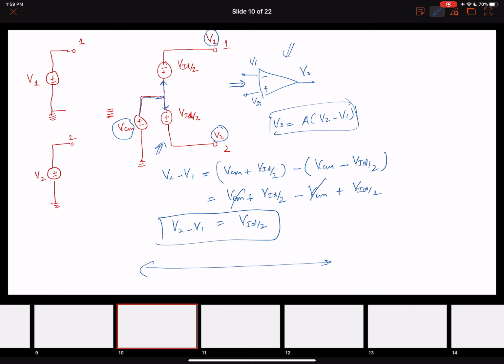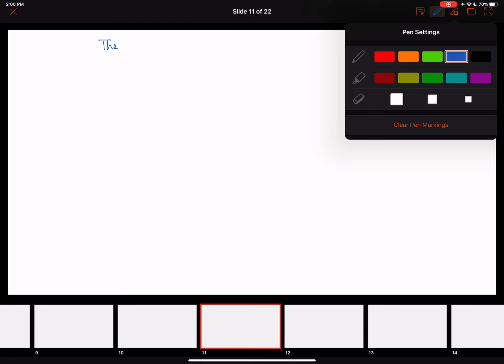But we don't use that in the open loop configuration. So we use that with passive components like resistors to develop different configurations to be used in different applications. So today we are going to discuss one of those configurations. Our first configuration that we are going to discuss today is the inverting configuration.